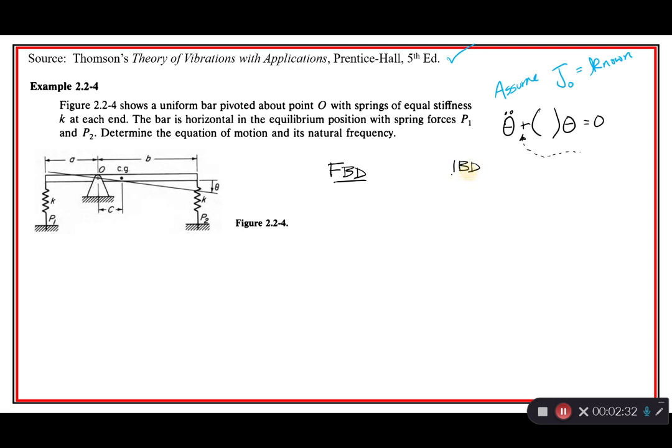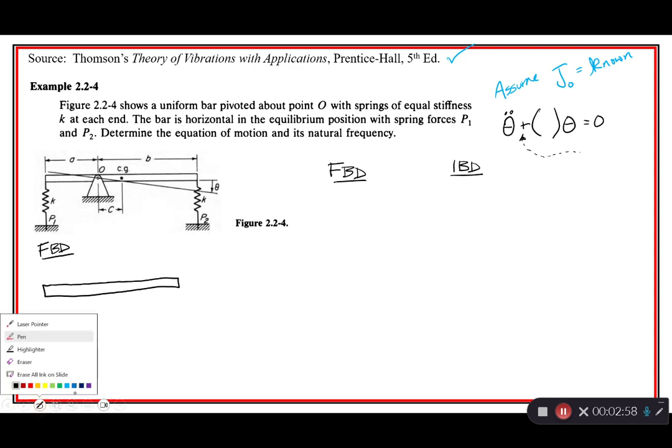So we'll do an FBD and an IBD. And actually, before we did that, I should have put in here so we can get some things to cancel out, only because they decided in the setup for the problem to be concerned about the initial conditions and then go back and change it. So this is going to be just an FBD of the thing over to the side where we have the statics.